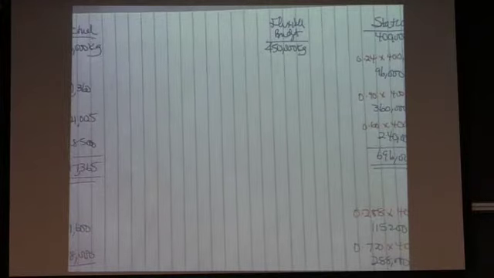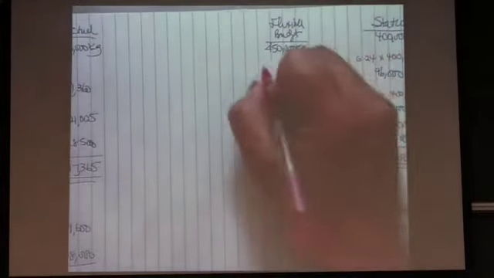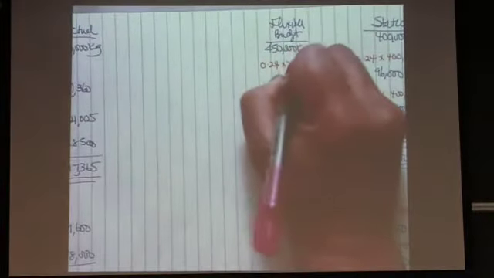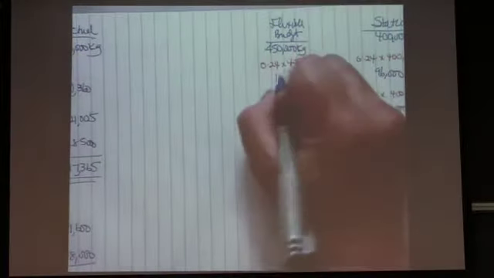So I'm going to do exactly the same thing. I'm going to take 0.24 times 450 gives me 108. So I'll do exactly the same thing here. 0.24 times 450 this time gives me 108.